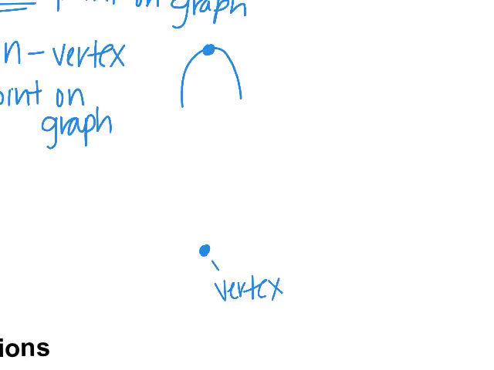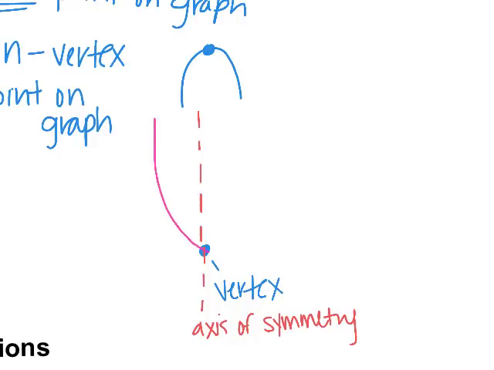Good, axis of symmetry. Remember it goes through the vertex. What's probably the most important thing that we need on there? Right, the parabola itself. So there is our parabola.